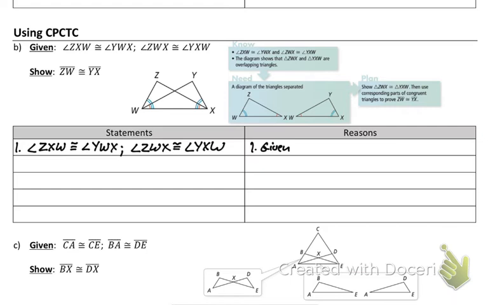If you look at both triangles, they're stacked on top of WX, so they must be the same length. I can go ahead and make tick marks on WX, and say my second step is WX is congruent to WX, and that is the reflexive property.